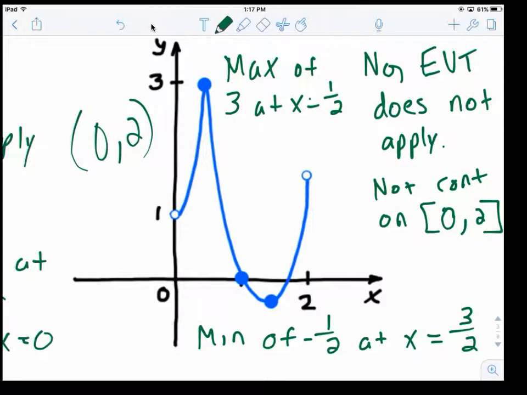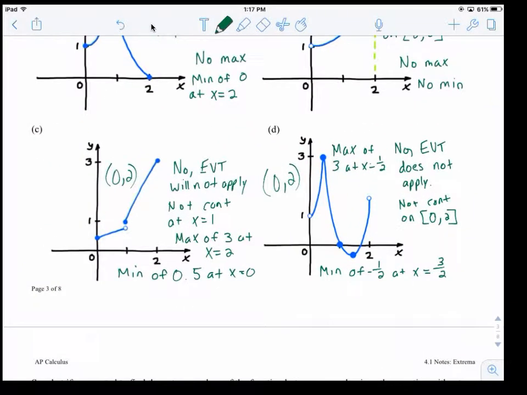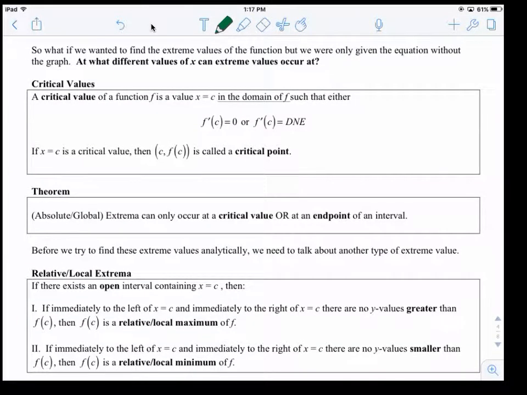Not the endpoints, no. They have to occur somewhere in between.